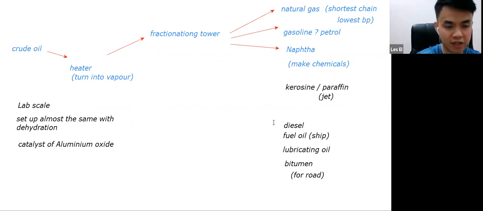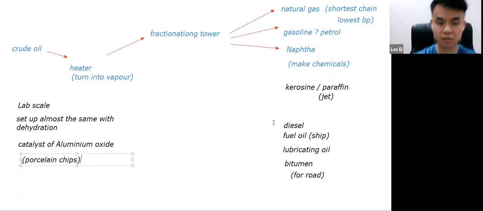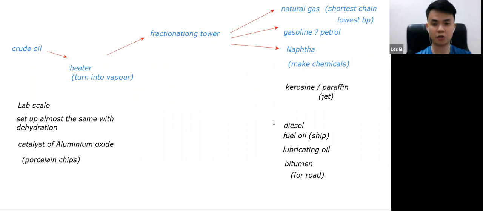Also, in chemistry, aluminum oxide in some textbooks is written as porcelain. So there are different terms like that, but they have the same purpose and the same function. Okay, up to here, any questions?